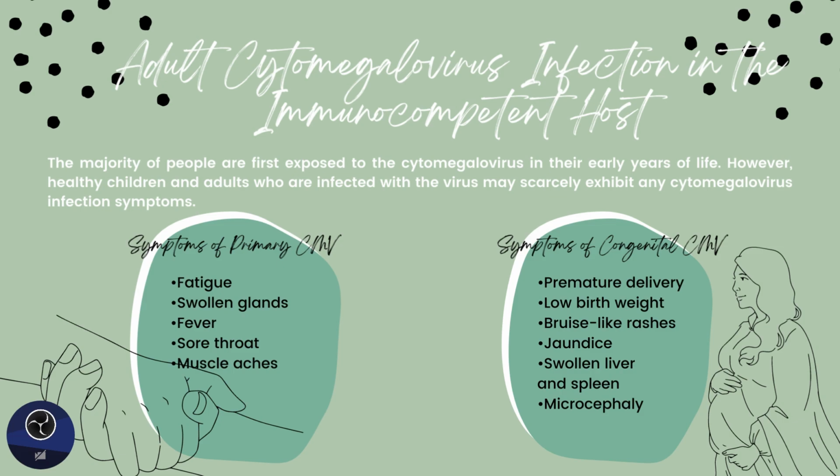And we also have swollen liver and spleen, and microcephaly or babies with small heads. And other examples are seizures, hearing loss, pneumonia, liver inflammation, or specifically hepatitis. So take note of those symptoms of primary CMV and congenital CMV.